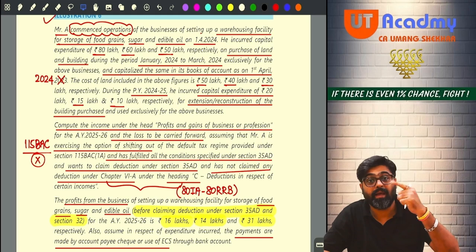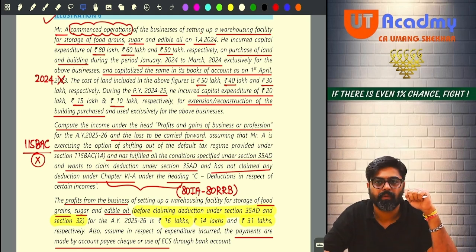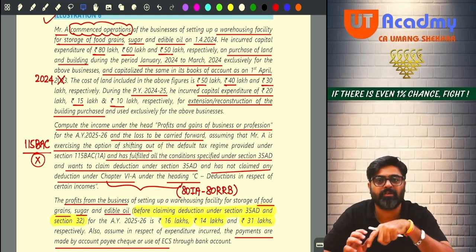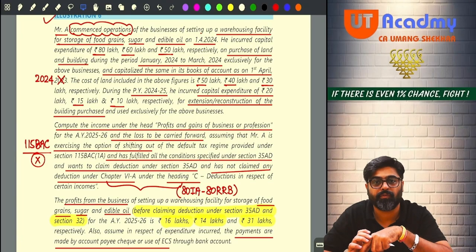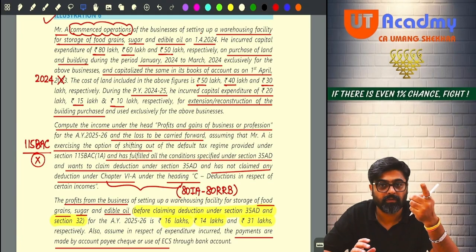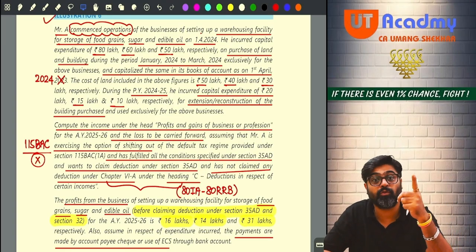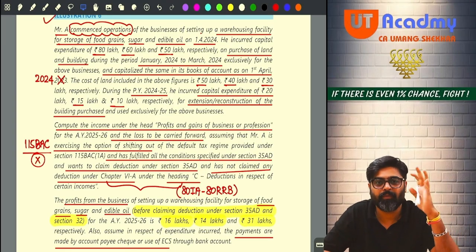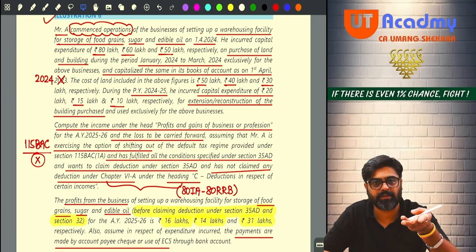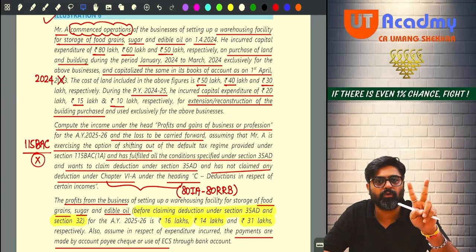In that, warehousing business was there, but only 2 warehousing businesses: warehousing of food grains and agricultural produce, as well as warehousing of sugar. But warehousing of edible oil was not there. Meaning that out of the 3 warehousing businesses which I have commenced, only 2 are specified businesses.